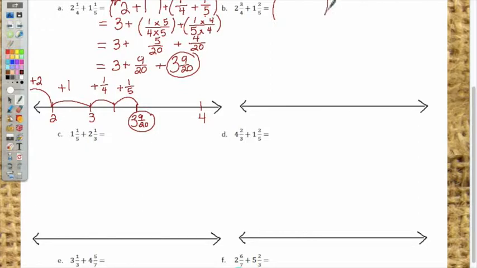First thing, separate your whole numbers from your fractions. Okay.